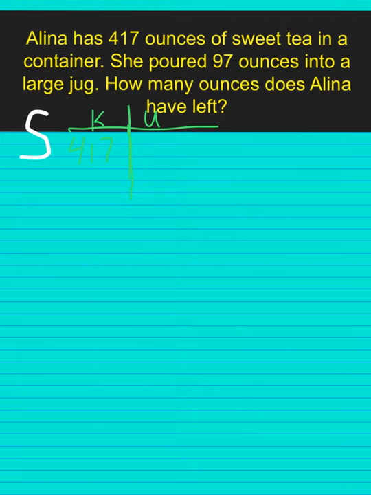That's our start. She poured 97 ounces. That's our change. We know that that's what caused the 417 to change. And we don't know our result. We don't know how many ounces she has left.